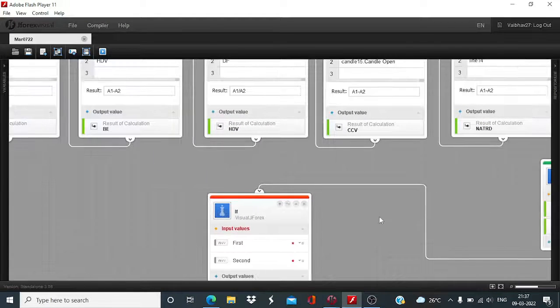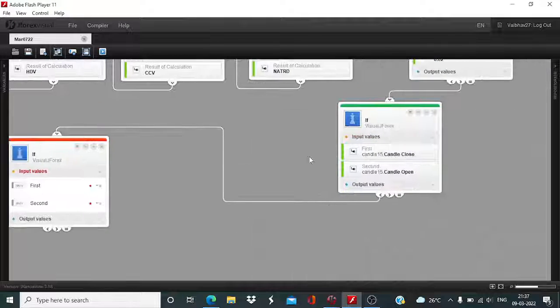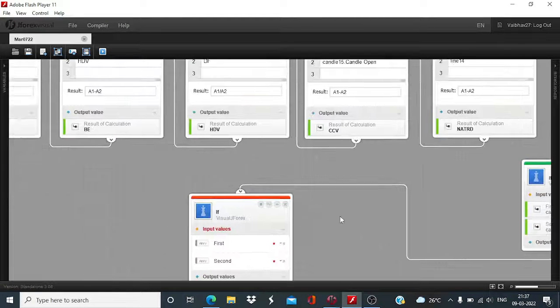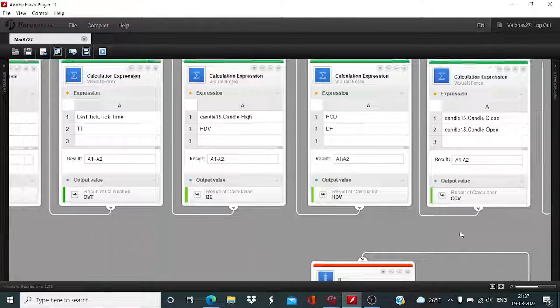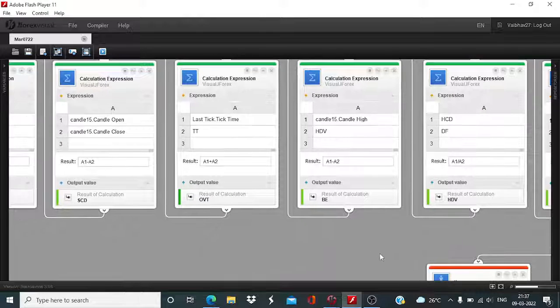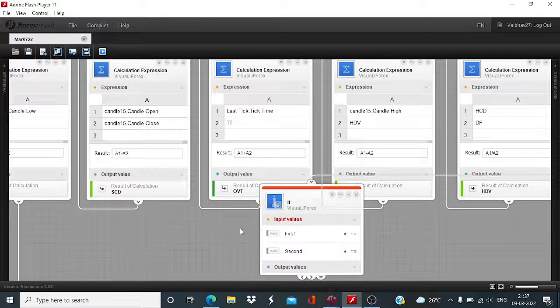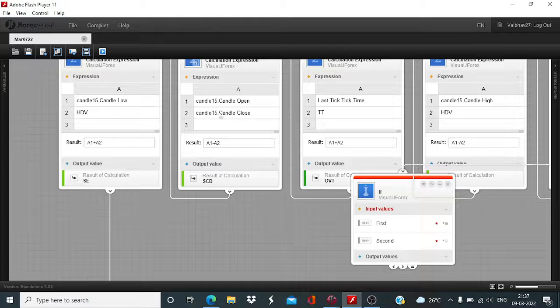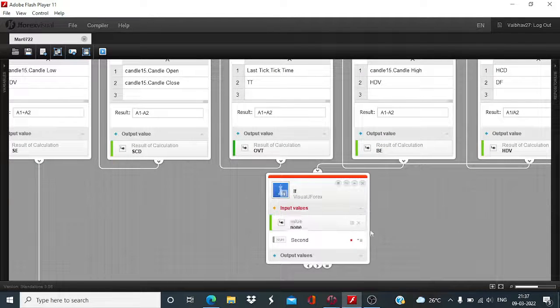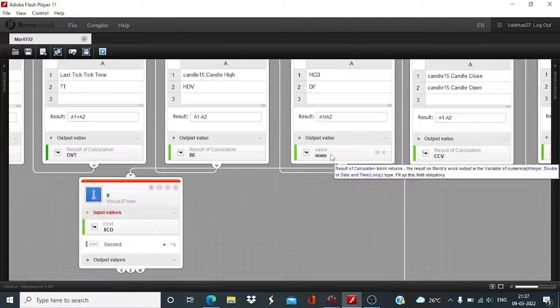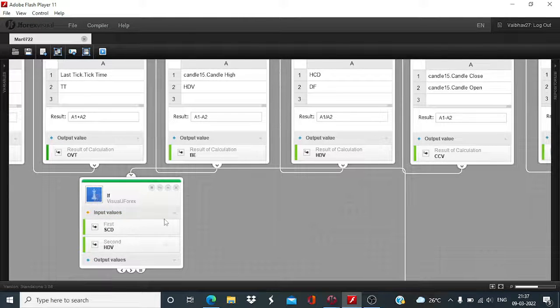And now we have to compare the difference between the closing and opening value, and it needs to be more than half of the difference between the highest and the lowest point. So this difference which we had calculated in this block, the sale candle difference, needs to be more than HDV.